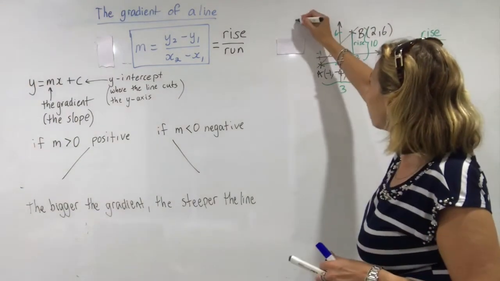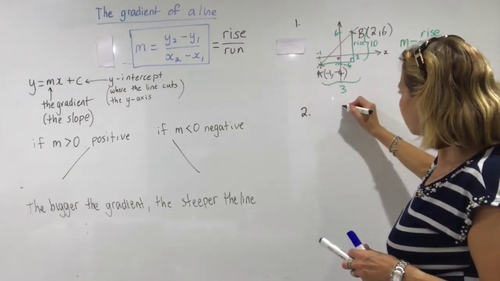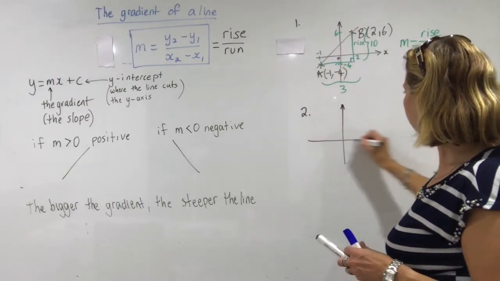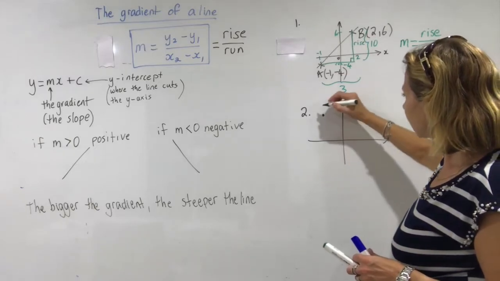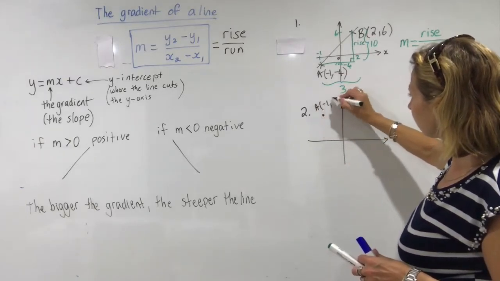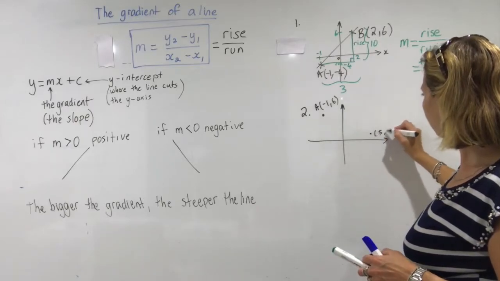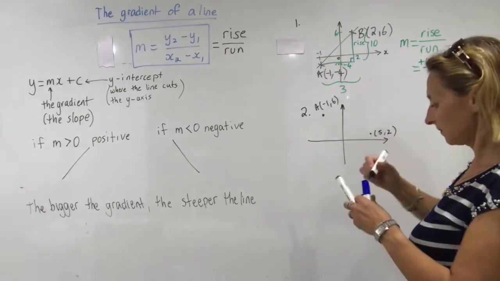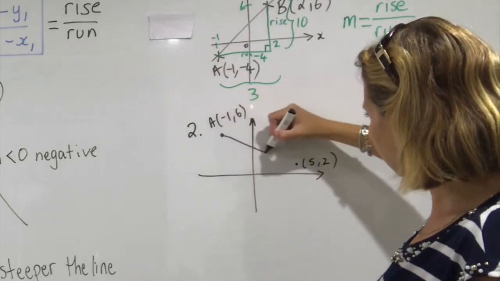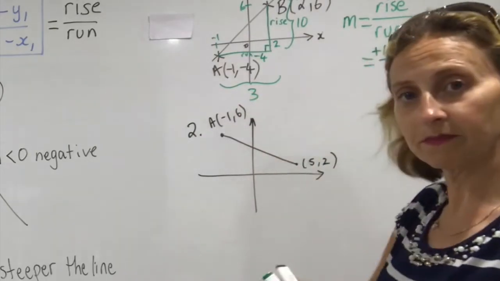If I have a look at another one, if I have a line that has coordinates of (-1, 6), and then I have another one over here which is (5, 2), and I want to find the gradient of this line.